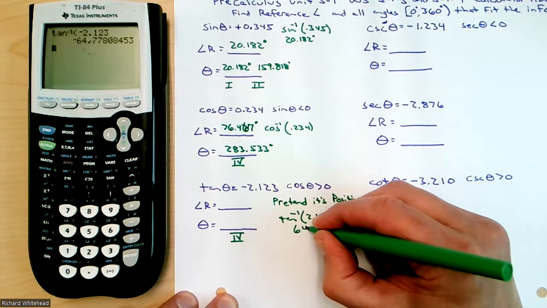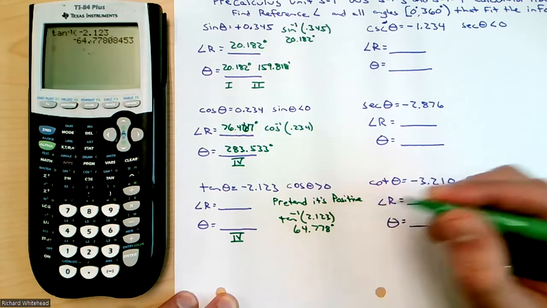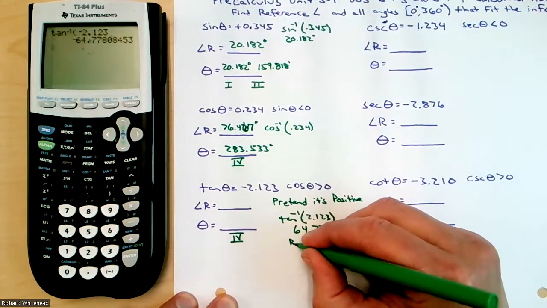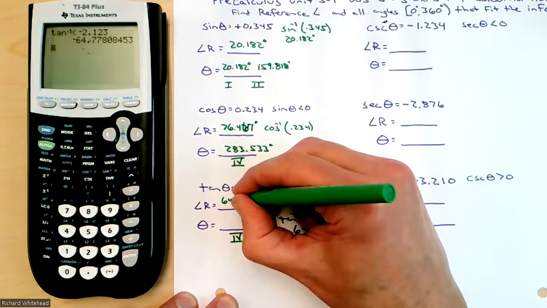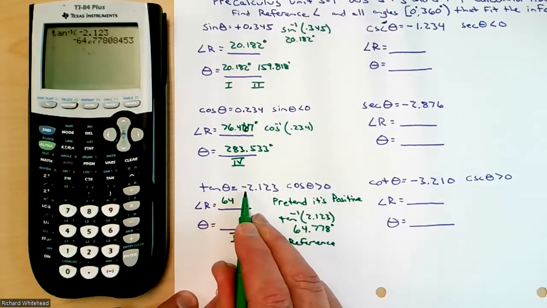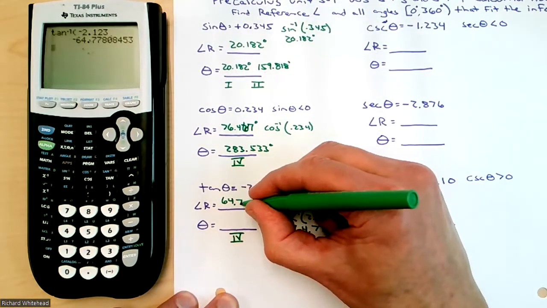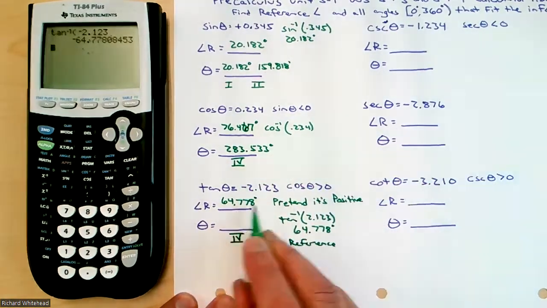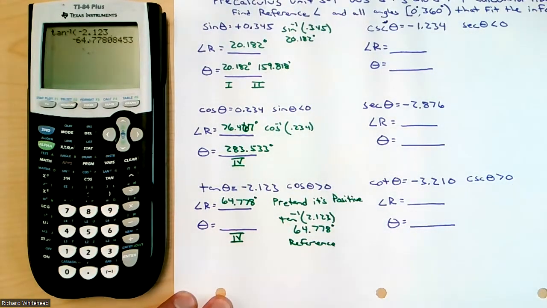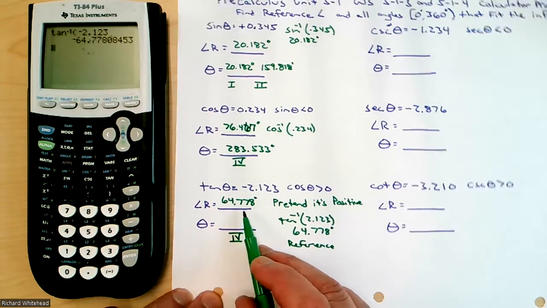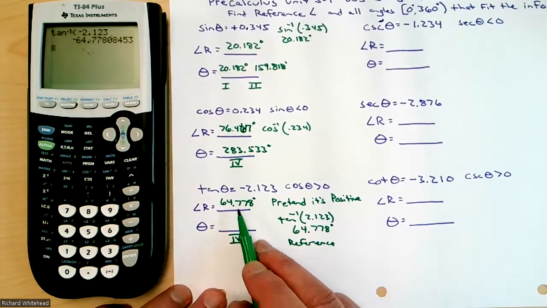And yes, I know you're going to get 64.778, and that becomes your reference. So you're always automatically finding the reference as your first step. Just pretend it's positive for one step, and that makes your reference angle. This works on these kinds of problems where you find the reference angle, then use it.